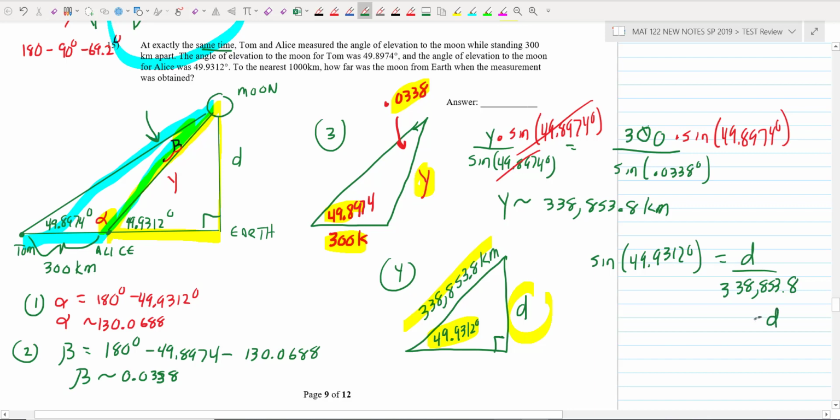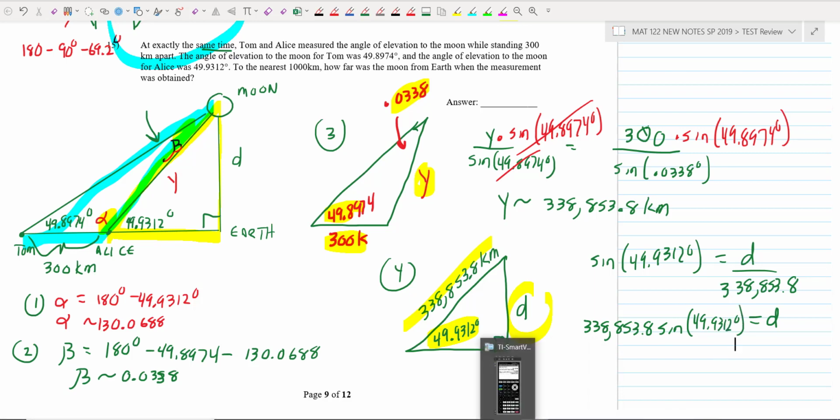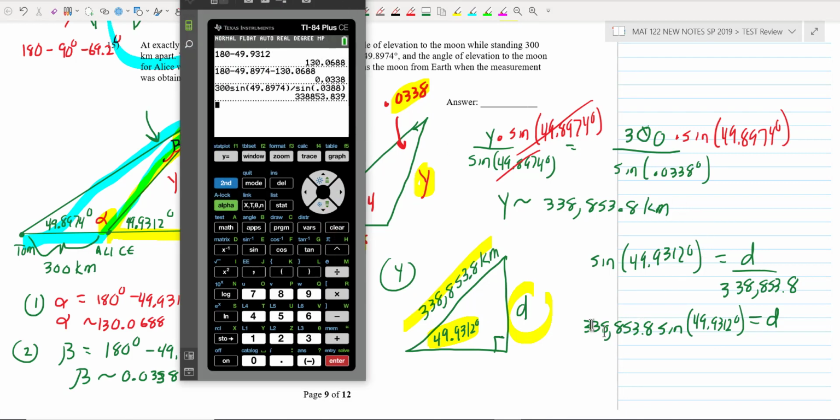So you just multiply both sides by the 338,853.8. So you would have 338,853.8 times the sine of 49.9312. Then we got it. Okay, so let's see what that is. It'll be a little different than Alice's distance.